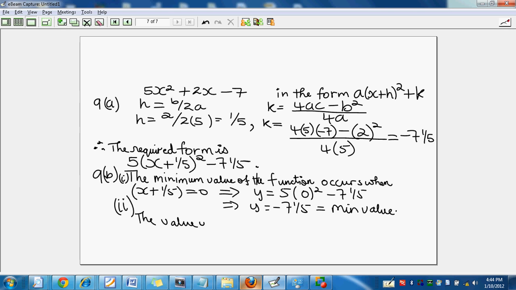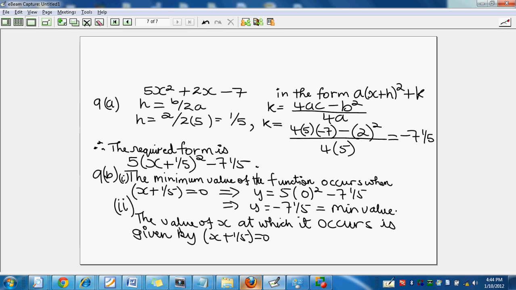The value of x at which it occurs is given by, same thing, x plus a fifth equal to 0.